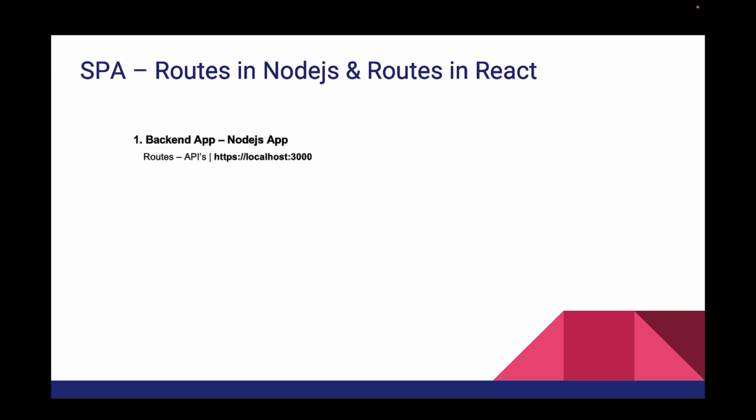Now, fundamentally, let's say we have a login API. Typically, if we use the Express server or anything, we'll create routes like app.post('/login'). Now, this route is definitely a route that's created in Node.js. It has nothing to do with the React router, right? That's a separate application we'll discuss once we have discussed this one.